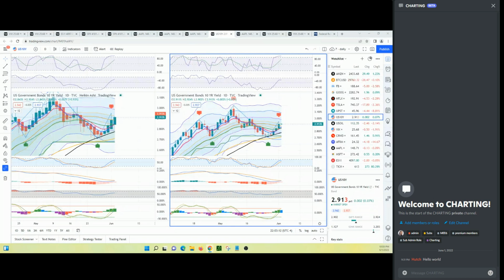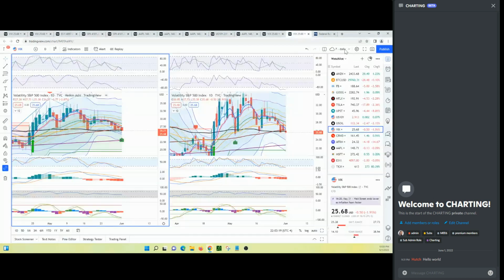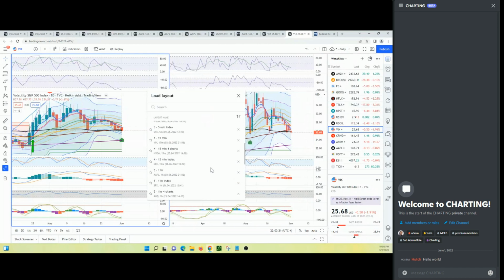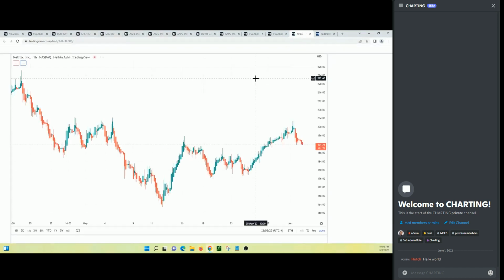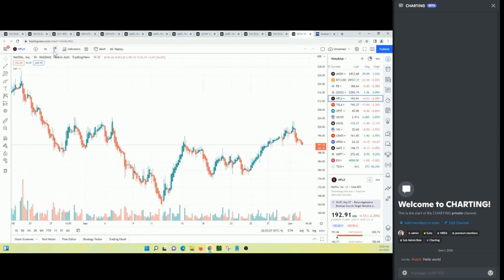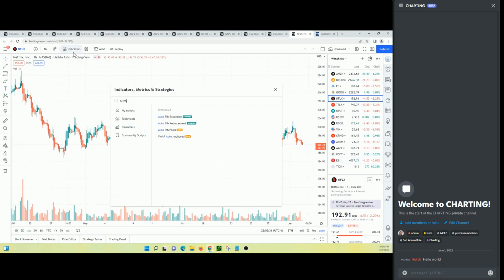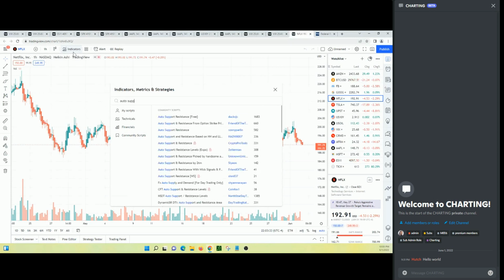What is it called again? Auto support and resistance from strike prices. Yeah, it's kind of clunky. Ortho support, and yeah, that's one.